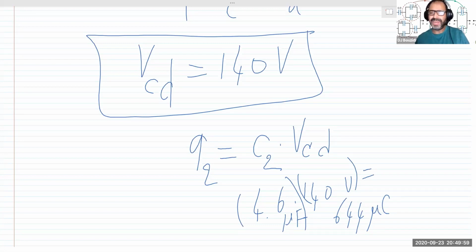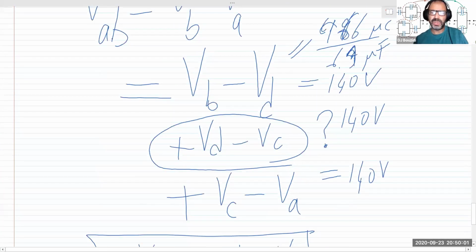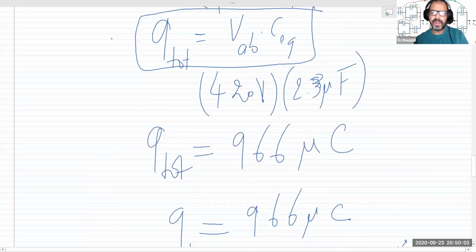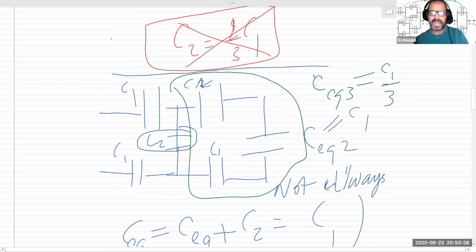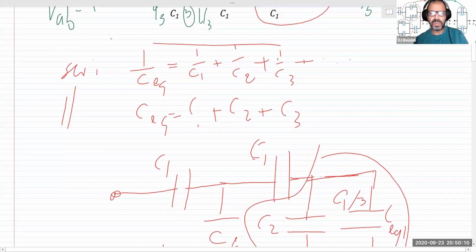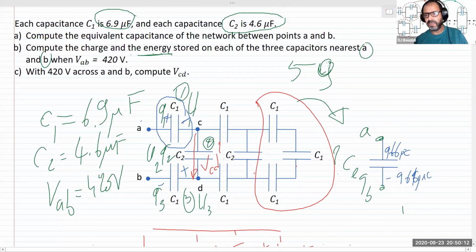So remember, I have 966 that was drained from the top of the capacitor, from the top of the voltage, from whatever source, battery, for example. I have 966 sitting on here, which means negative 966 in here.